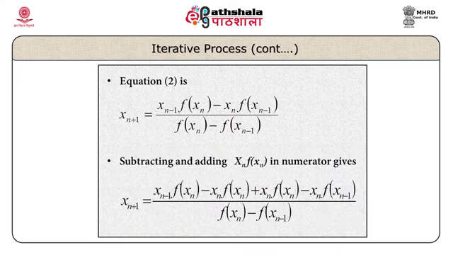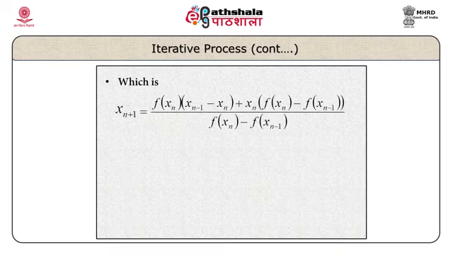In the numerator, let us add and subtract xn f(xn). The reason why we are doing it, we want to approximate it to the Newton-Raphson formula. So, when we add, the numerator becomes x(n-1) f(xn) minus xn f(xn) plus xn f(xn) minus xn f(x(n-1)), and denominator as it is.